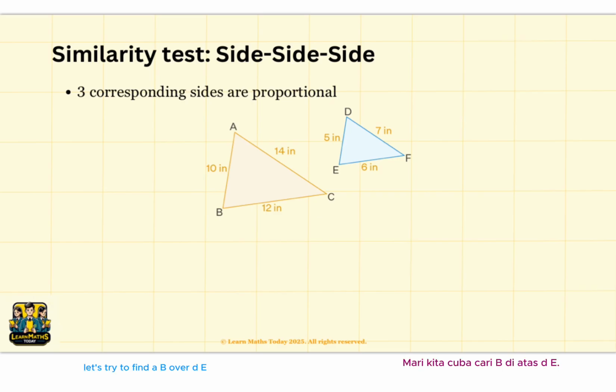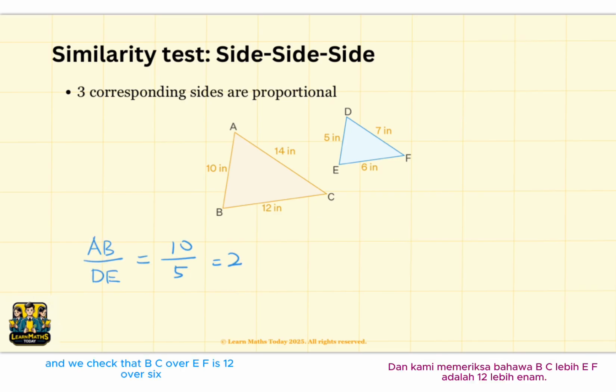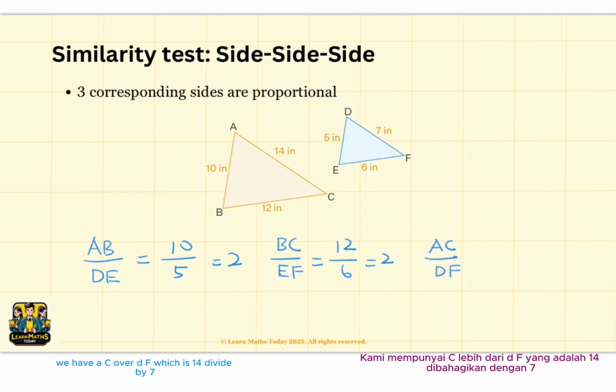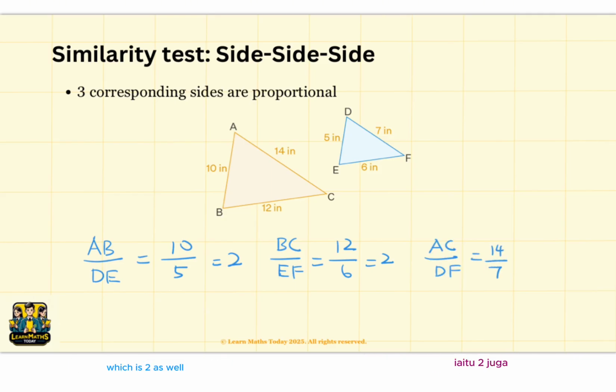Let's find AB over DE, that is 10/5, which is equal to 2. And we check that BC over EF is 12 over 6, which is equal to 2. And lastly, we have AC over DF, which is 14 divided by 7, which is 2 as well.